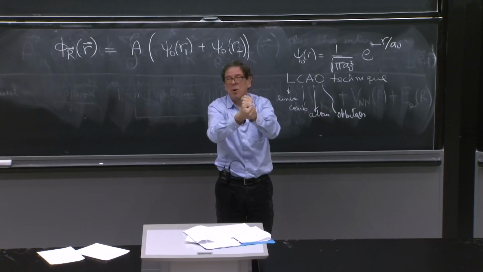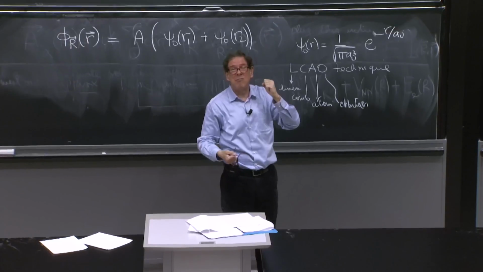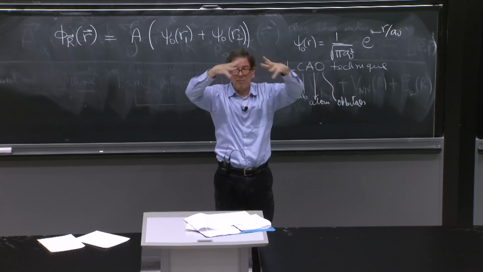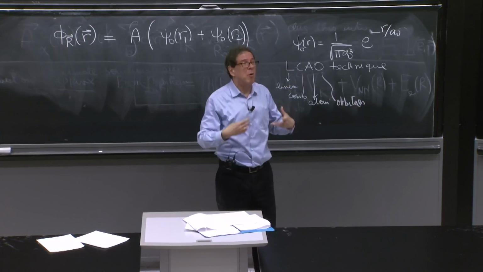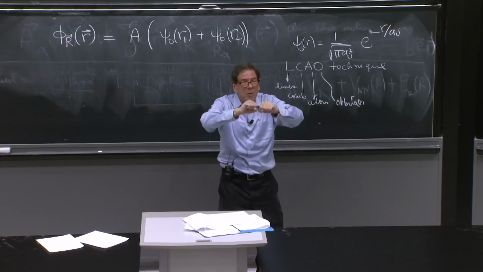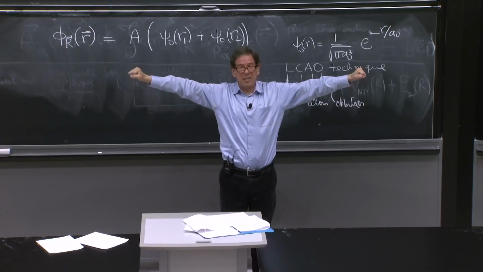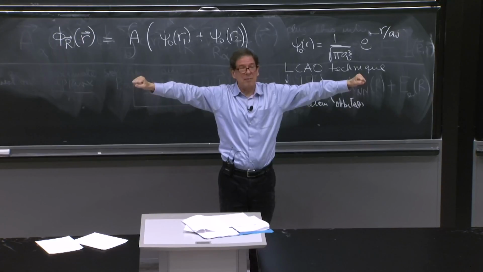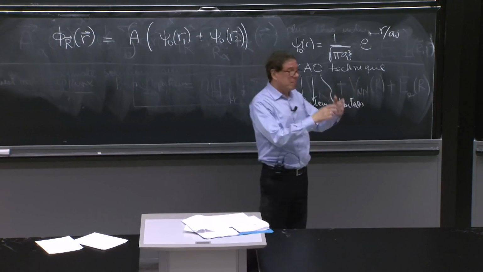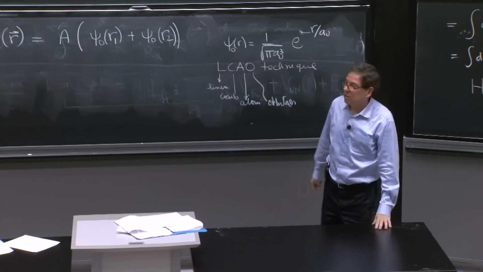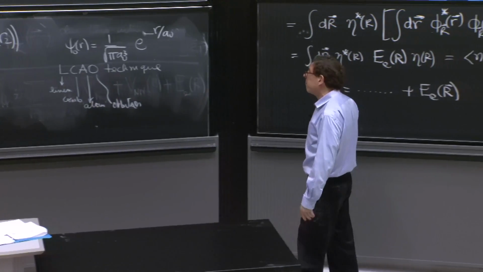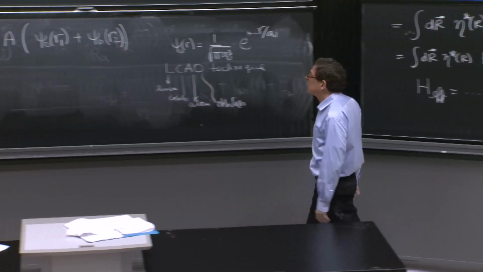It has two protons, so it doesn't have the right decay rate. It doesn't have the right Bohr radius. On the other hand, when they're far apart, it does have the right thing. So this is very good. It's excellent when the things are far away, but it's not great when they're close together.